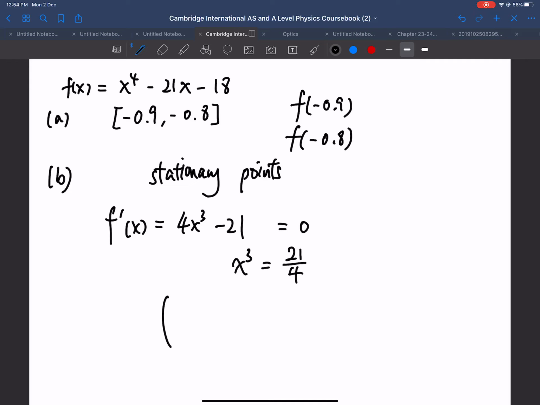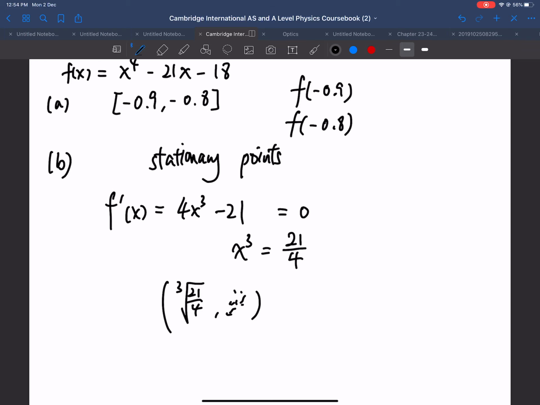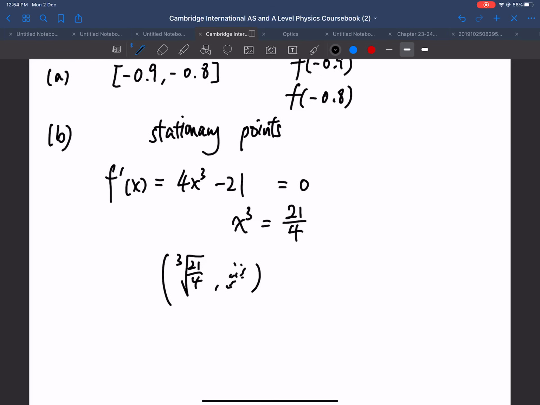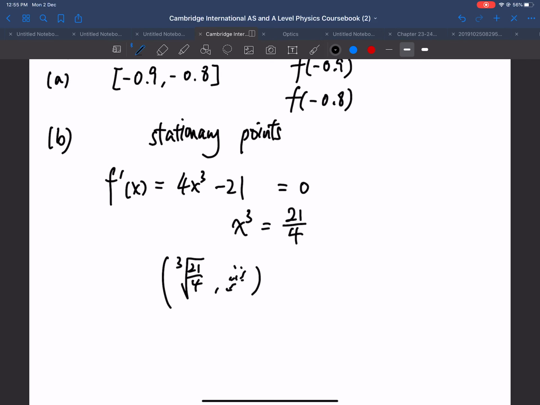So there exists only one point. I don't want to substitute it in, it's quite complicated. Why is the number so complicated? Anyway, you get this stationary point already. The stationary points are where the gradient is 0.